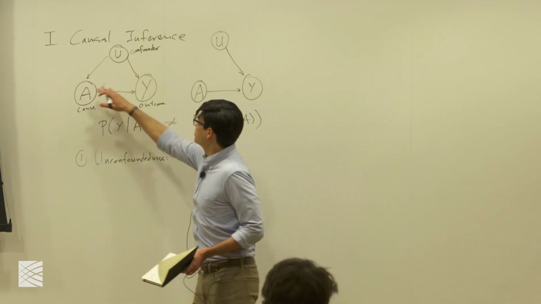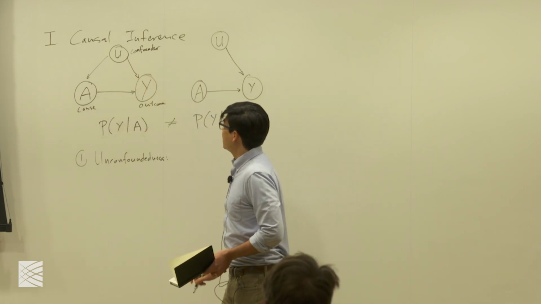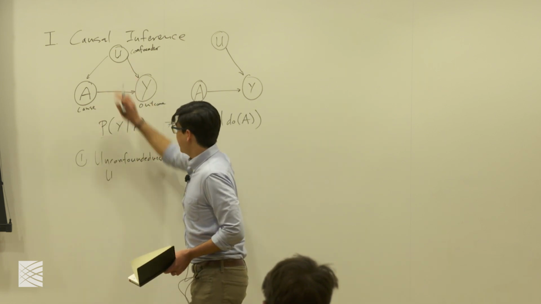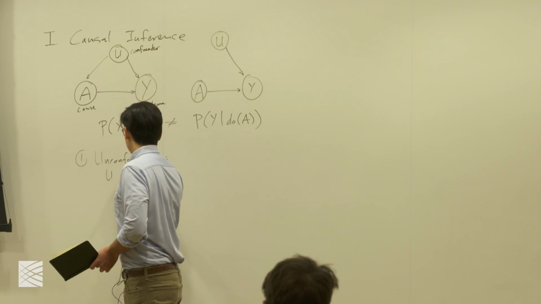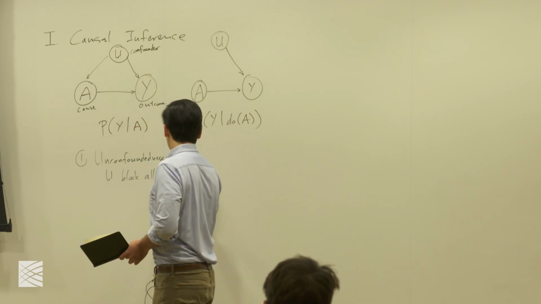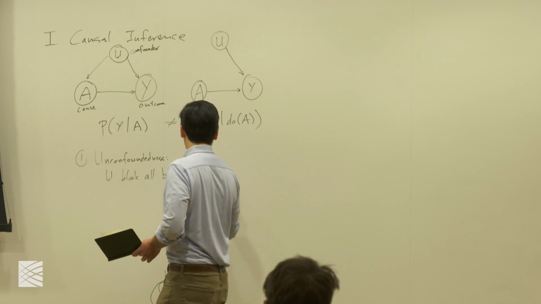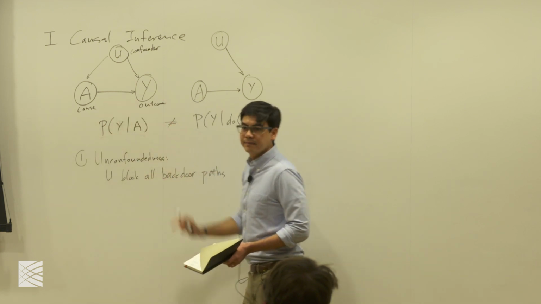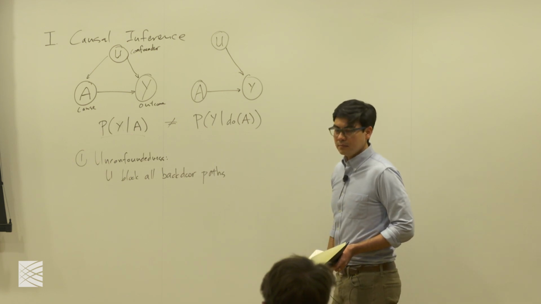And in this diagrammatic world, what that means is that we observe these confounders U such that they block all backdoor paths from A to Y, right?